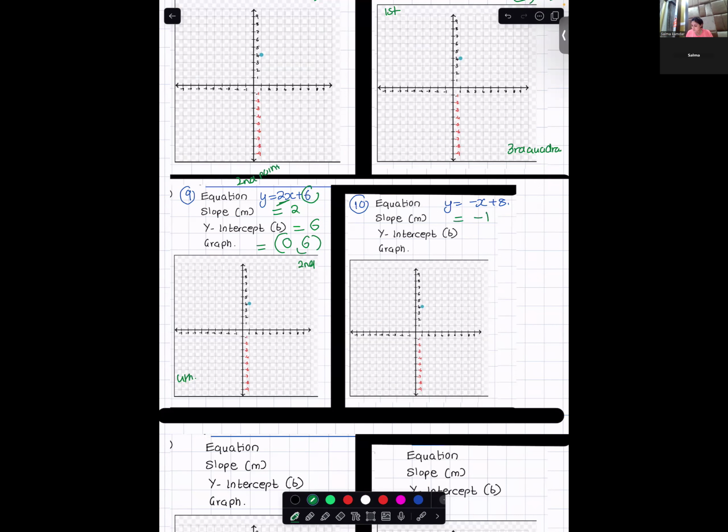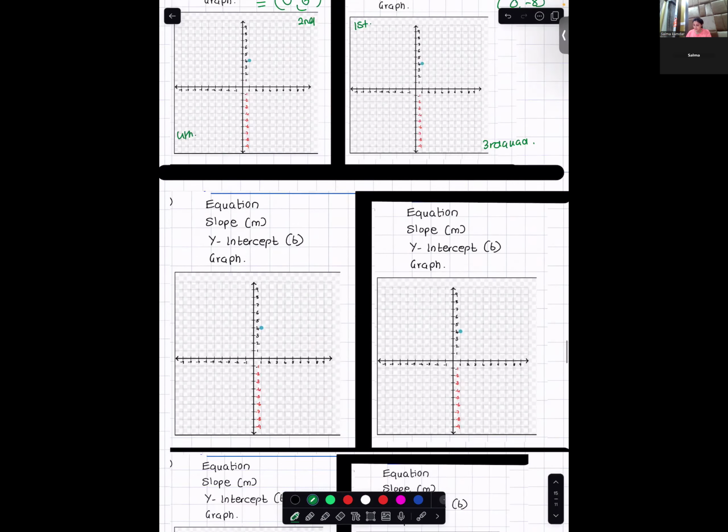Slope is minus 1. It's a negative slope. Y-intercept will be 8. Graph would be 0, 8, negative slope.